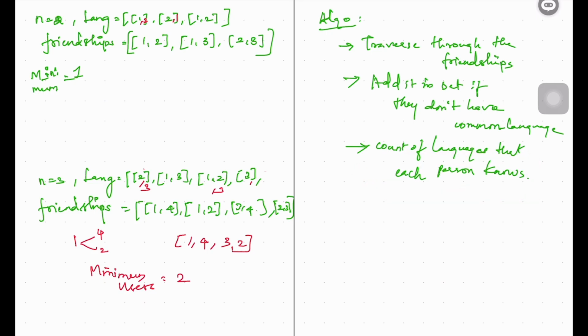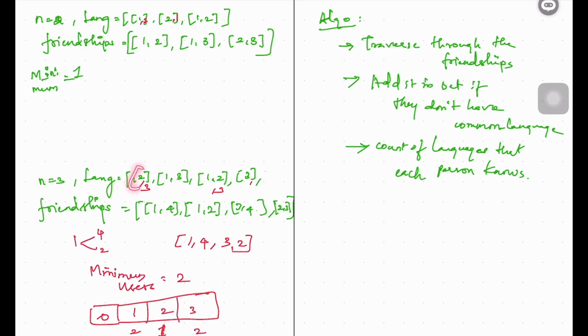So what all the languages will be? 3 languages, right? 1, 2, 3. 0 will be okay. Now count of 1 is 2, count of 2 is 1, count of 3 is 2.